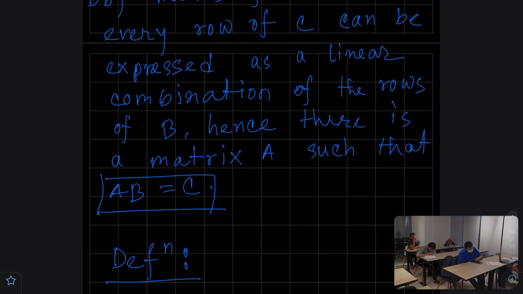So this is a matrix multiplication version of that single elementary row operation, which means that whenever C is obtained from B by a single elementary row operation, you can find a matrix A such that AB will produce C. That means every row operation is equivalent to matrix multiplication. This will motivate defining elementary matrices.